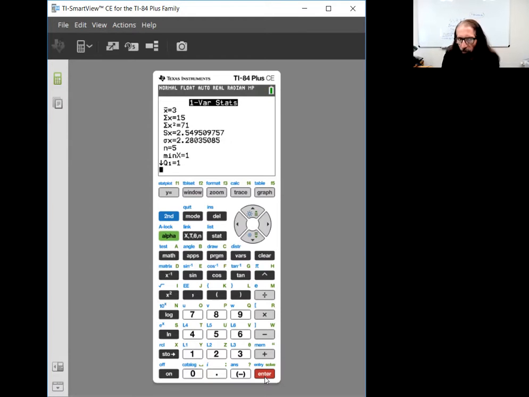There is the mean of 3 that we calculated. And notice that we've got S of X, 2.54 something. I'm not rounding it, I'm just not reading the whole thing. With sigma, 2.28 something.